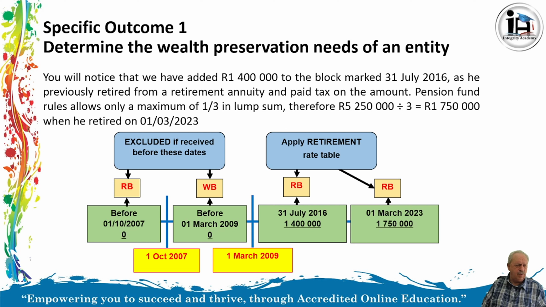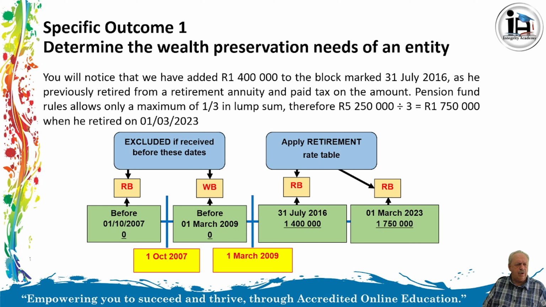So in this block in the blue there, I said excluded if he received it before these dates. Now, there were 2 dates for retirement benefit withdrawals. If it was before 1 October of 2007, then that amount will be counted as a 0, so you won't get taxed on the amounts that you withdrew before that date.